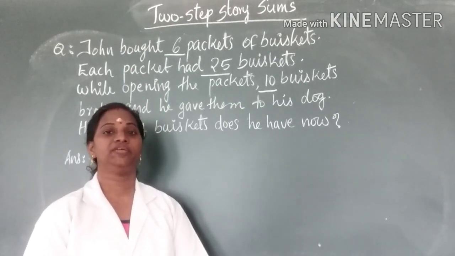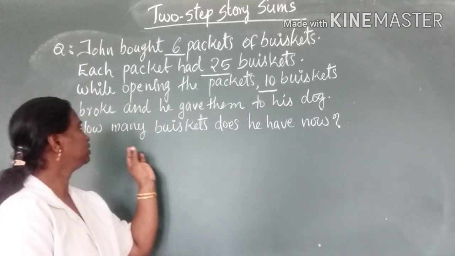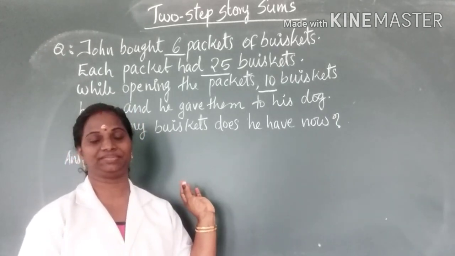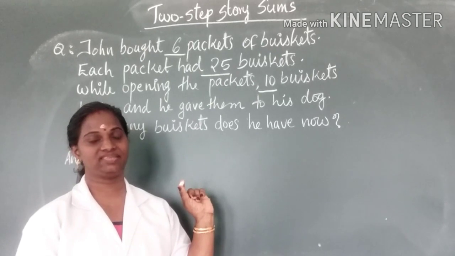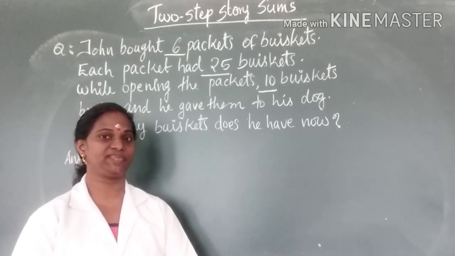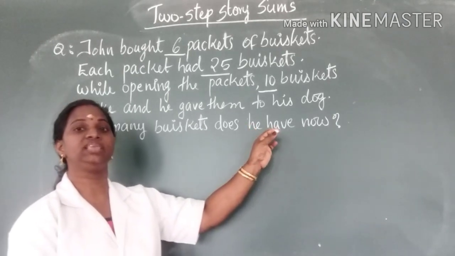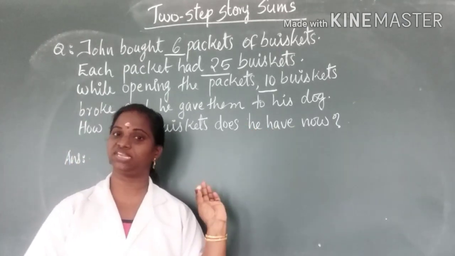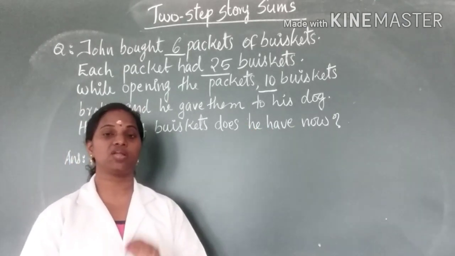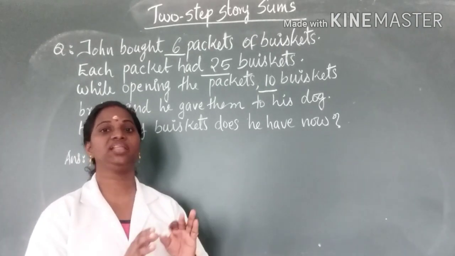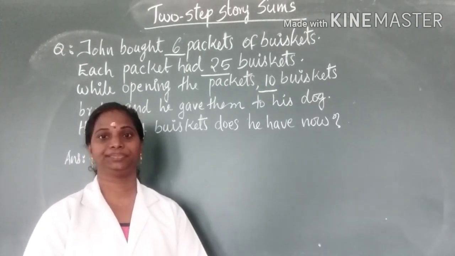Then we can find out the total number of biscuits. How to find out the total number of biscuits? How many biscuits does he have now? That is the last statement. So we need to find out only the biscuits that he has now.